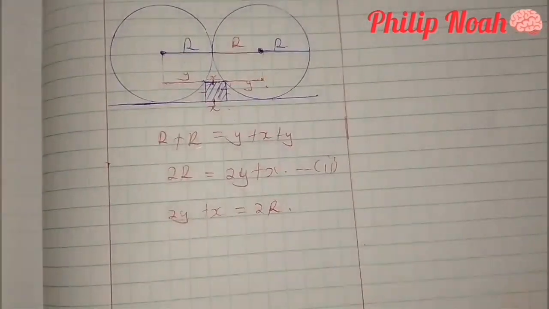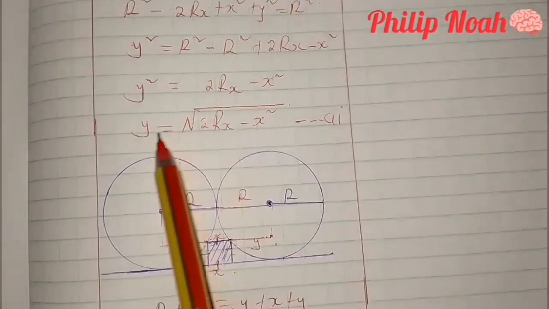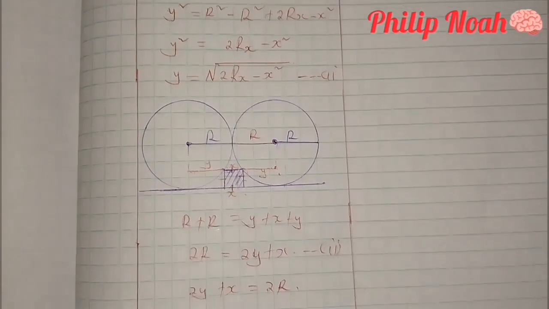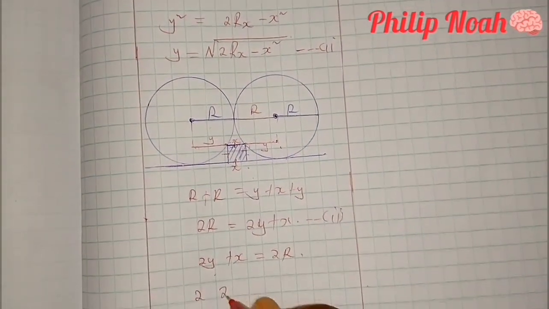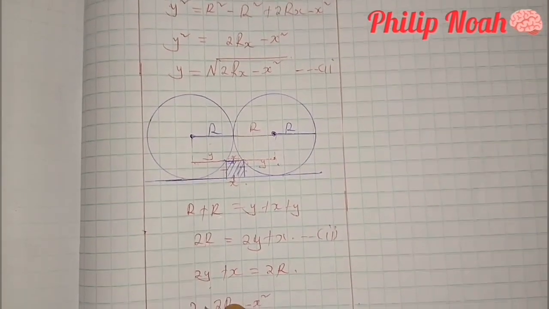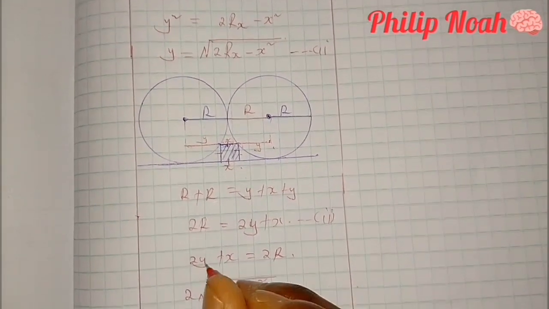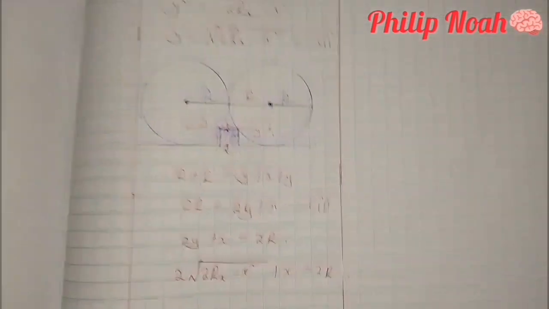So we can take equation 1 and substitute it here. This is y. So we take the whole of this, we put it here, and we say that 2 times the square root of 2rx minus x squared, plus x is equal to 2r.